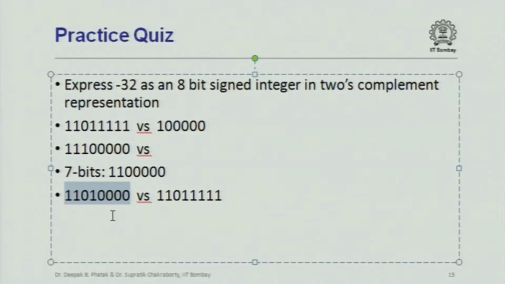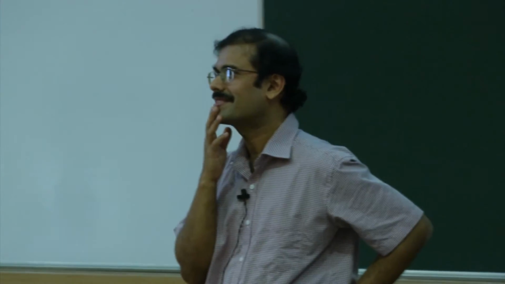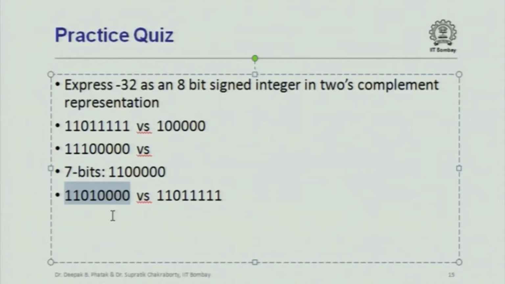Does anybody here believe that this answer is wrong? 1 1 0 1 and zeros, you believe that the answer is wrong? Can you tell us why you think it's wrong? Because it's not the correct answer. Okay, let me ask you, what does this represent? 1 1 0 1 and zeros plus 1. It is minus 48.